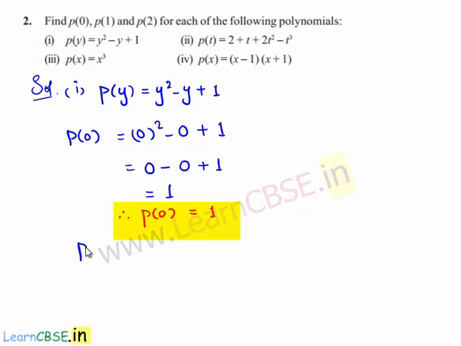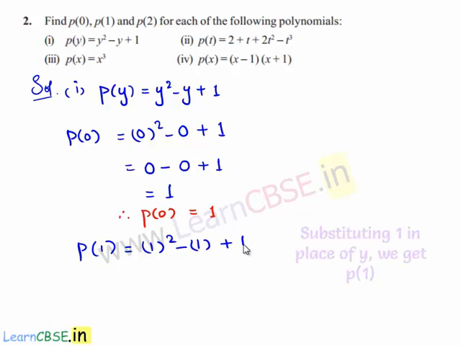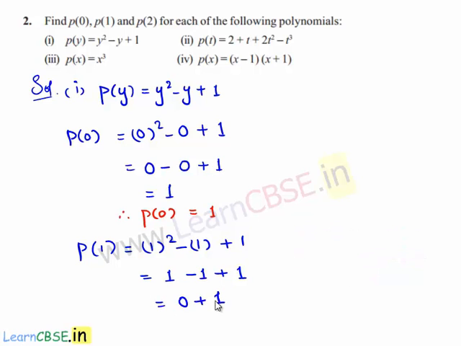Next, p of 1 is equal to 1 square minus 1 plus 1. 1 square is 1 minus 1 plus 1. 1 minus 1 is 0. 0 plus 1, which is 1. Therefore, P of 1 is equal to 1.